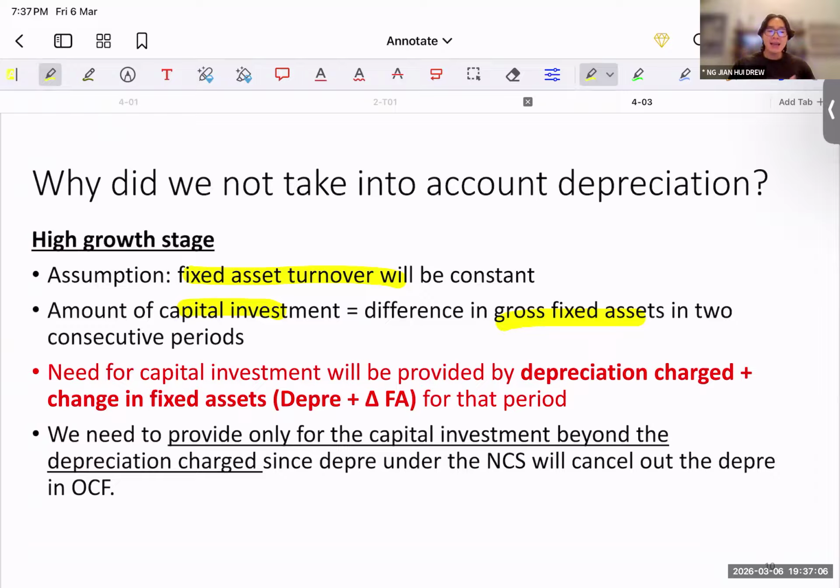This capital investment has to provide for the depreciation of the existing machine, as well as any change in fixed asset, meaning any purchase of new fixed asset.